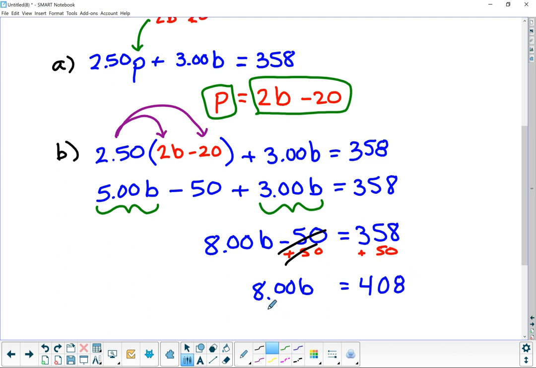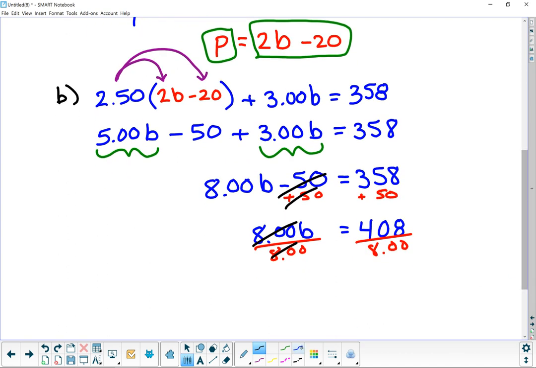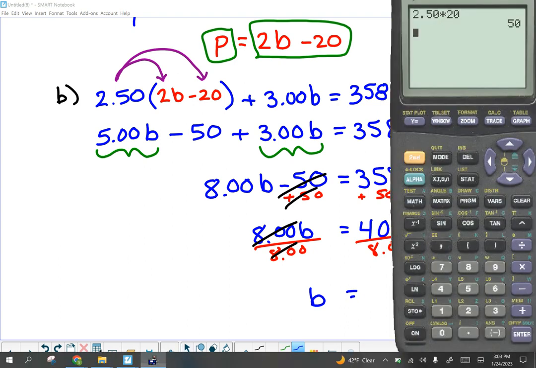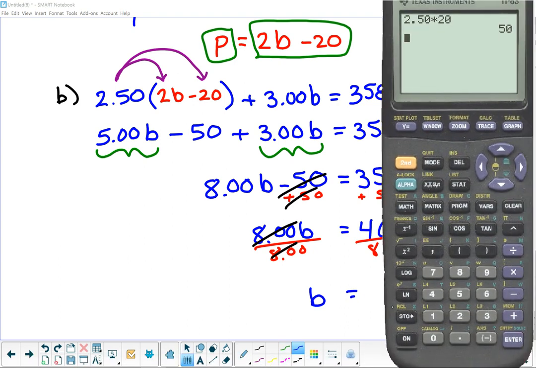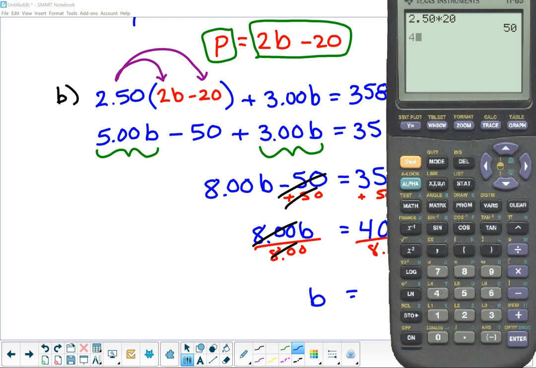Now all I have to do to finish this off is divide by 8. And we will get, drum roll please, 408 divided by 8, which is 51.